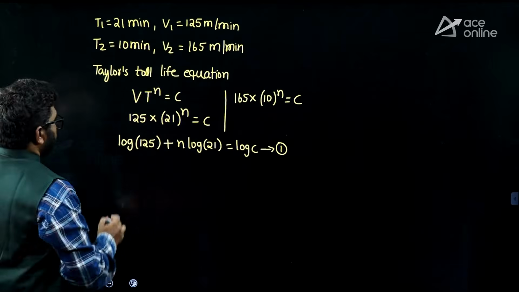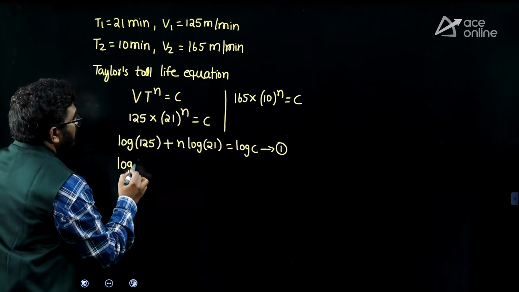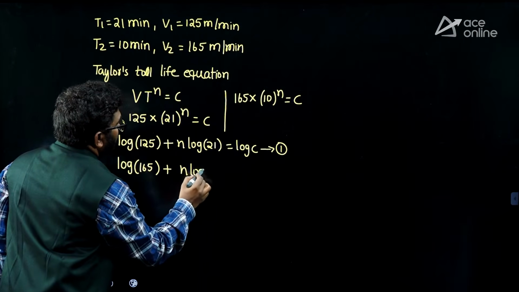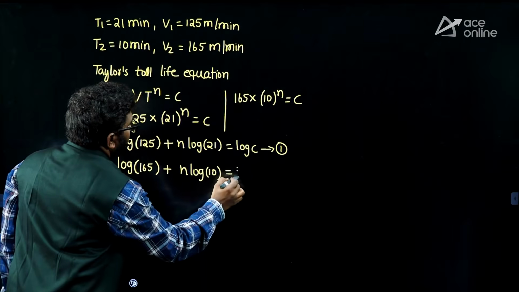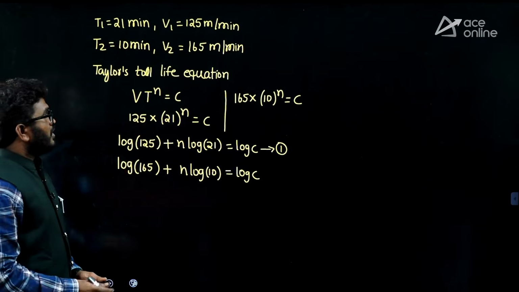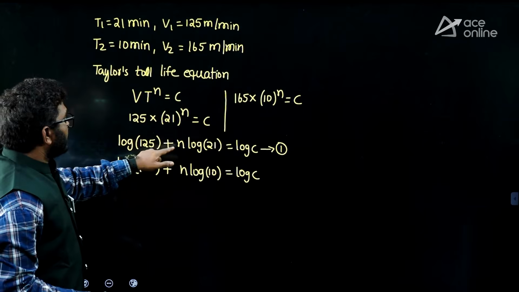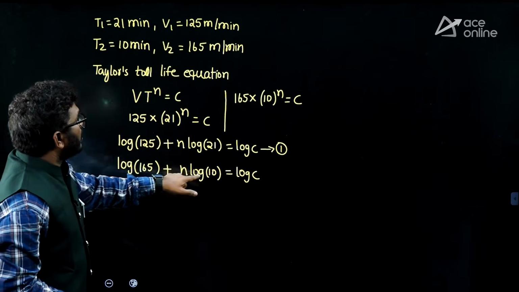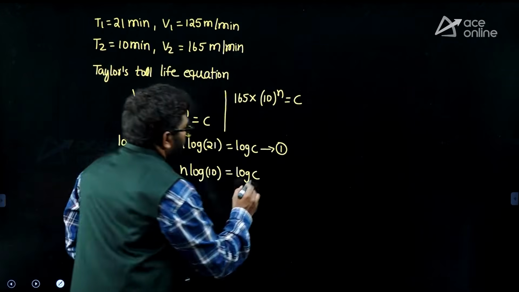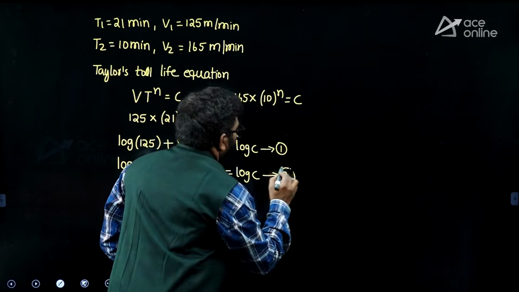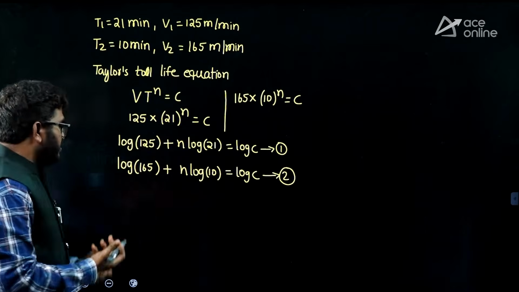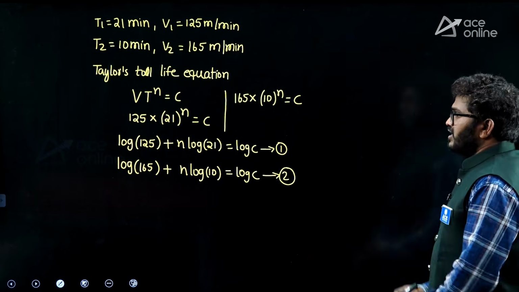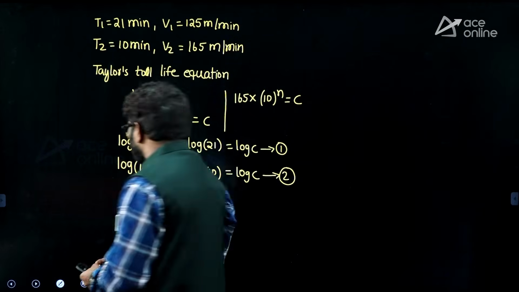So from this I will get log 165 plus n log 10 is equal to log C. So, two equations: log 125 plus n log 21 equal to log C, and log 165 plus n log 10 equal to log C. By solving these two equations, you will get the n value.